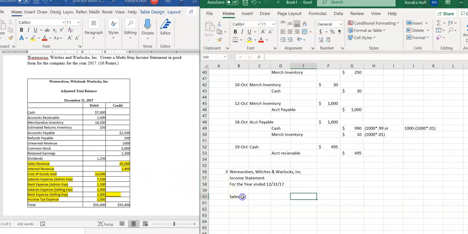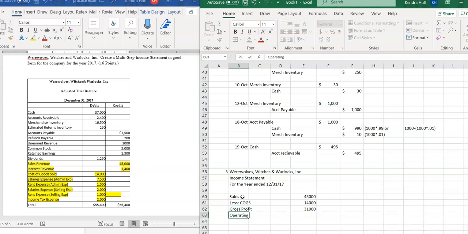All right, on the multiple step income statement, the only revenue that goes at the top is sales. And then you subtract out cost of goods sold. So 14,000. This is our gross profit.